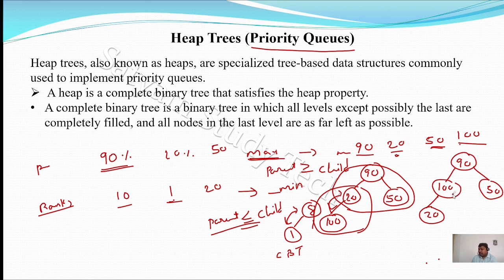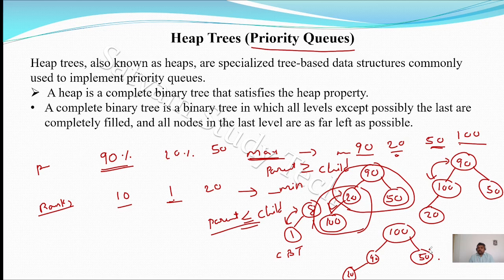It is still a complete binary tree, but it does not satisfy the max-heap property because here the parent is the minimum when compared to its children, right? So that here it is 100 and here it is 90, here it is 20, right? Here it is 50.